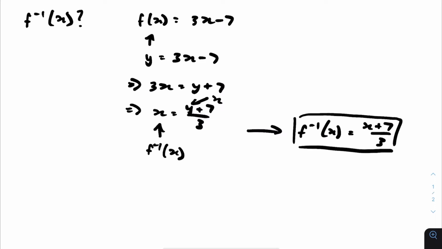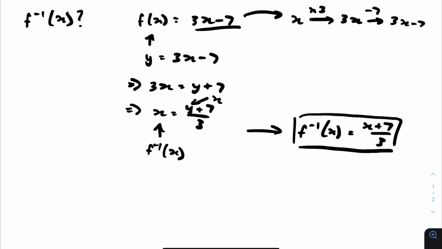And the principle behind inverse is that with this function, if we were to expand the processes that go behind it, you have your input, which we can say here is x. Then you times it by 3, which gives you 3x. And then you minus 7, which gives you 3x minus 7. And what you should be able to do is go the exact same way back using the inverse.